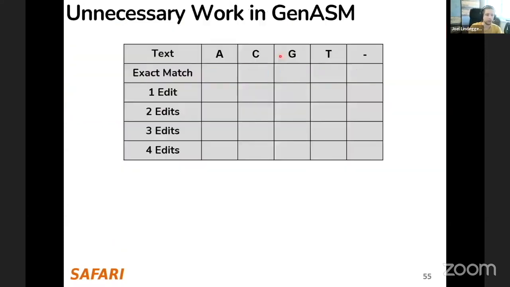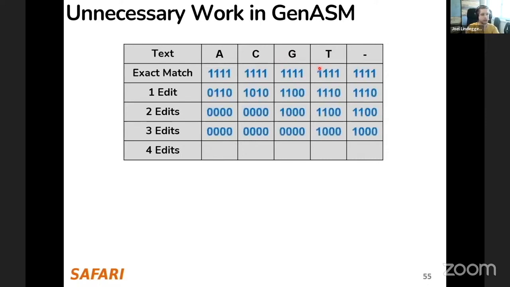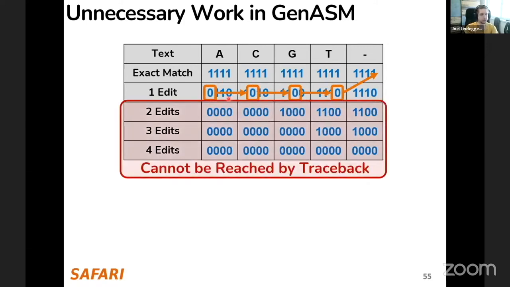Okay, so we observed that there's some unnecessary work in GenASM as well. In particular, if we check this table again, the traceback starts from this first 0 in the leftmost column, and we observe that there's a significant range there that cannot be reached by traceback.